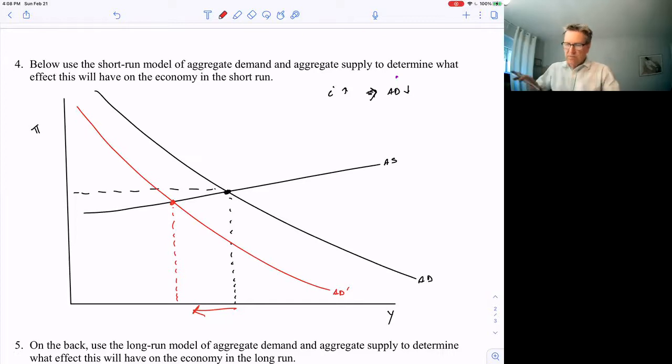And depending on how flat or steep this aggregate supply curve is, inflation will fall a little bit too. Inflation is much slower to adjust, though, than GDP. The GDP tends to adjust very quickly. Prices adjust much more slowly.